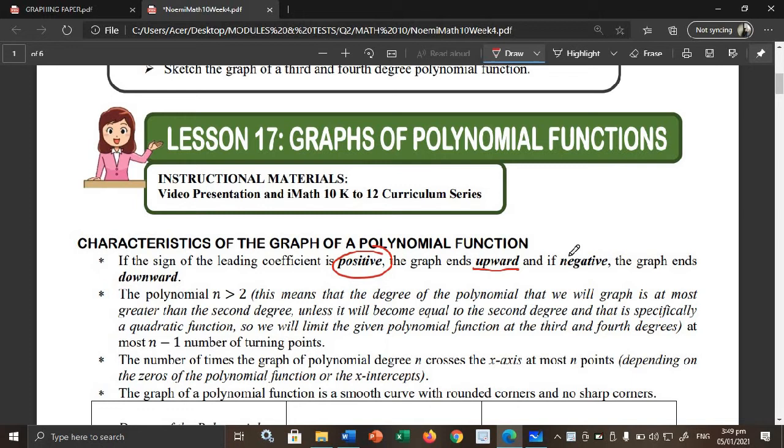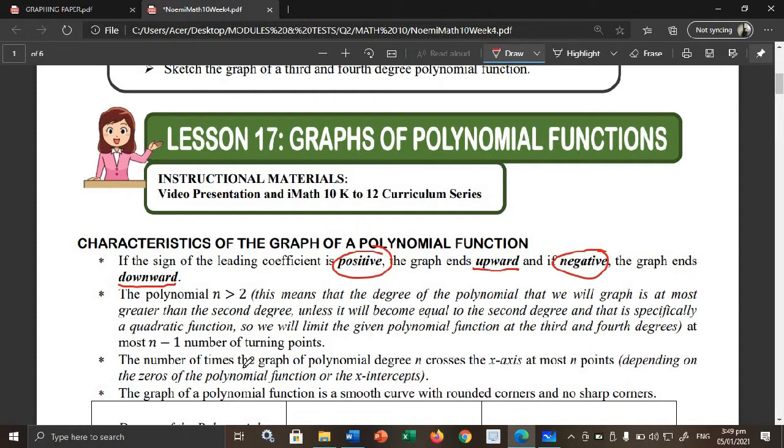And then if the sign of the leading coefficient is negative, therefore the endpoint of the graph should end downwards. And then the polynomial n is greater than 2, so it means that the degree of the polynomial function that we will graph should be greater than the second degree.